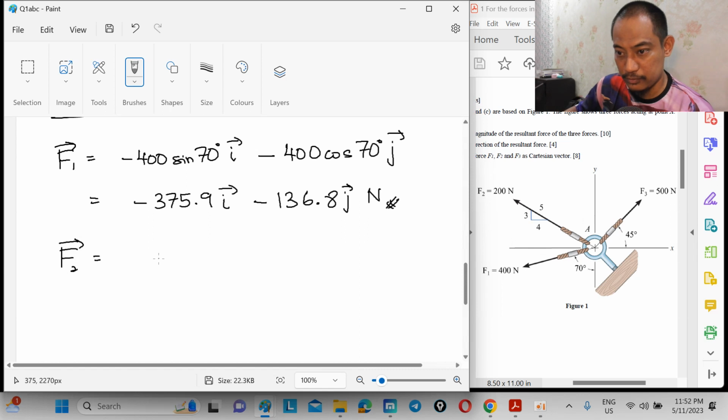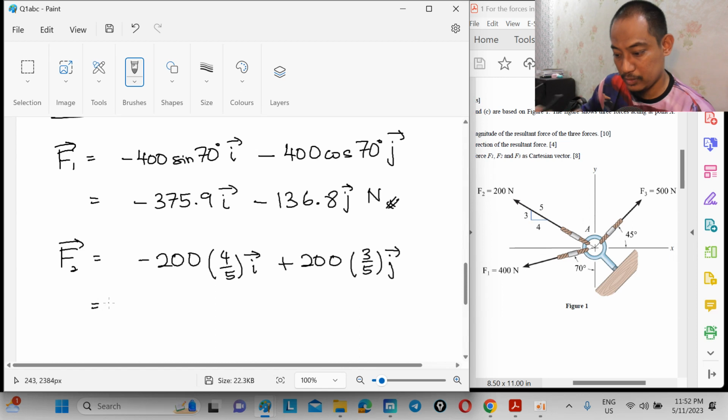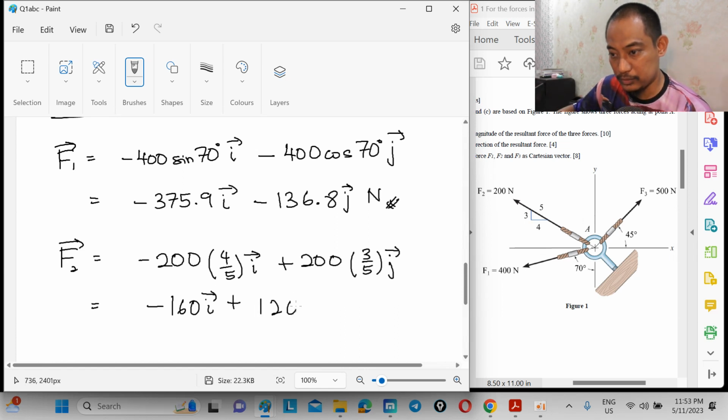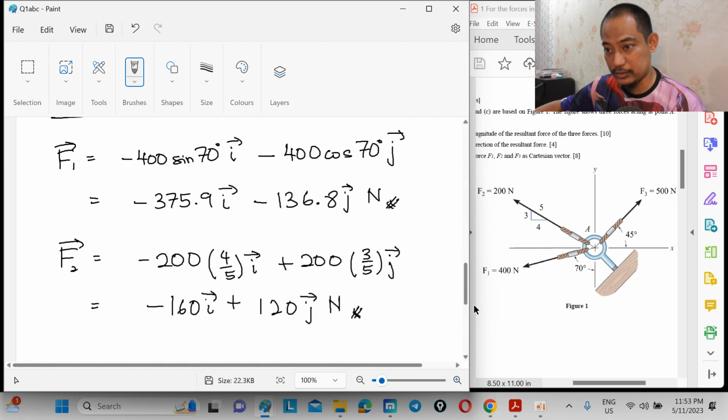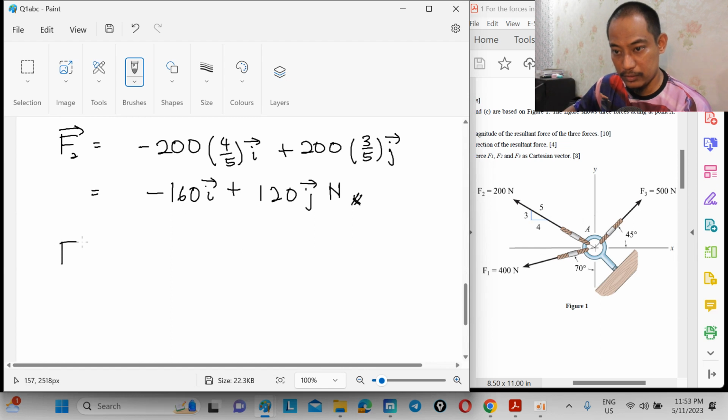So F2 to the left, so minus 200, 4 over 5 I, plus 200 because upwards, 3 over 5 J. If you calculate 200 times 4 over 5, minus 160 I plus, I shouldn't use a calculator for this one, 120 J Newton. That's F2. What about F3?